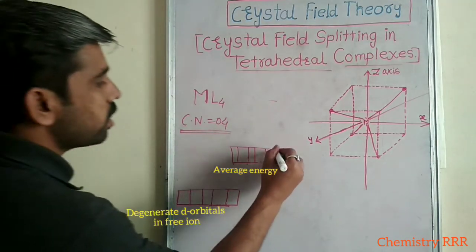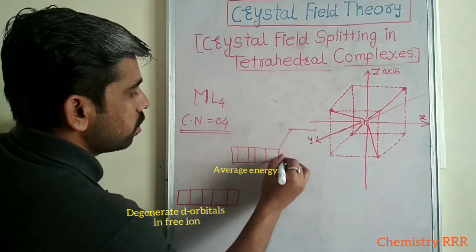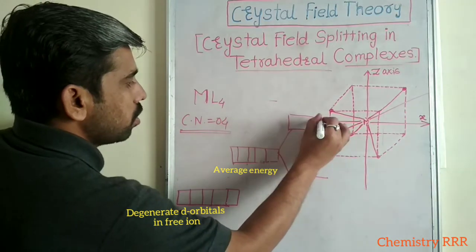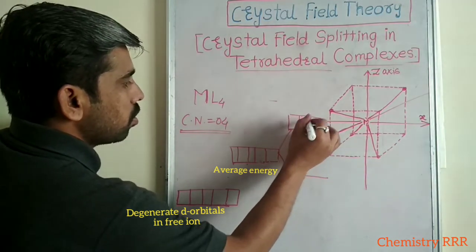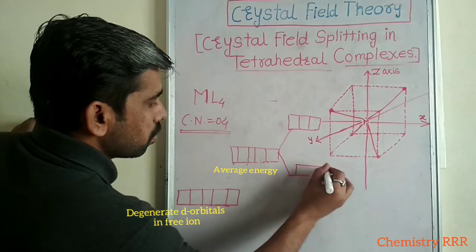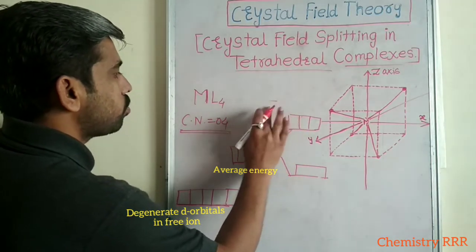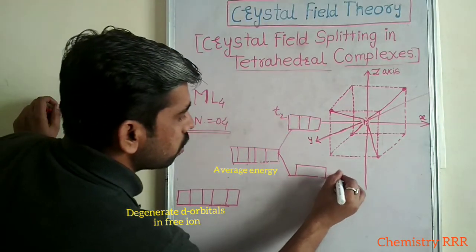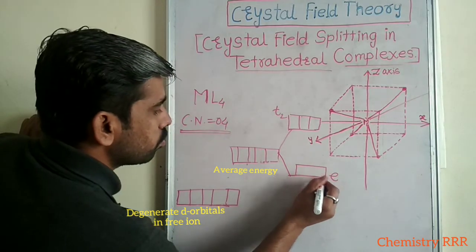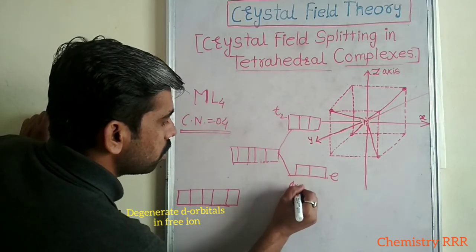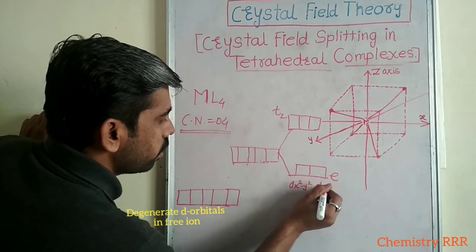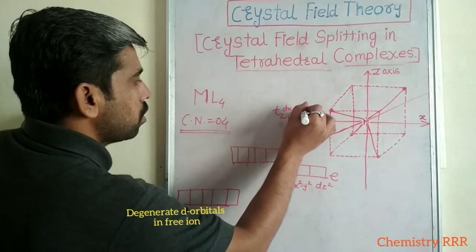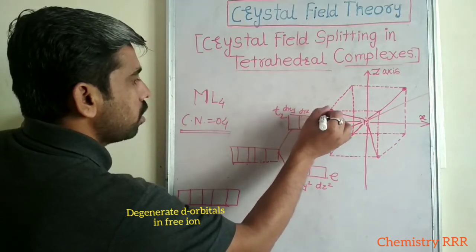Okay, and these orbitals get split into 2 sets, a T2 set of orbitals and an E set of orbitals, in which the E set has dx minus y square and dz square orbitals, and the T2 set has dxy, dyz, dzx.